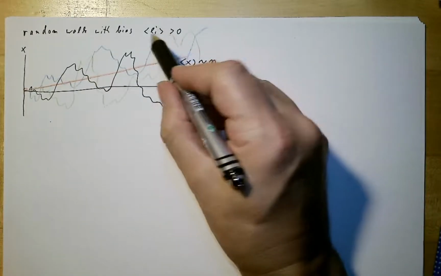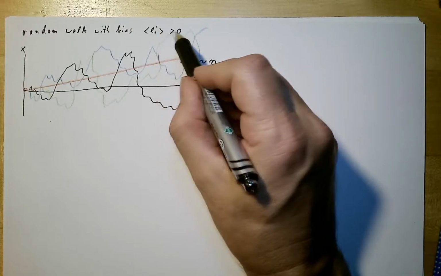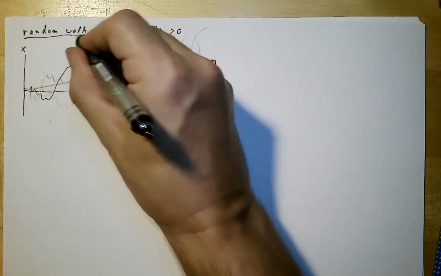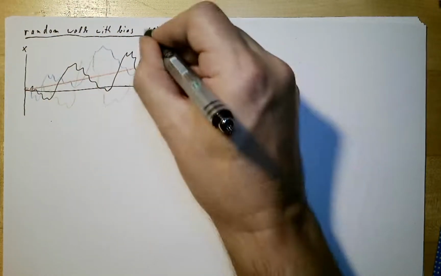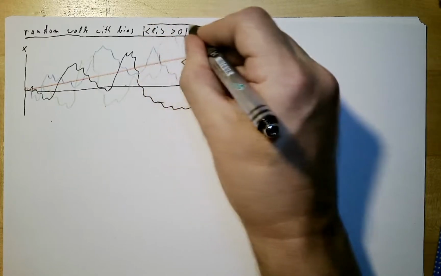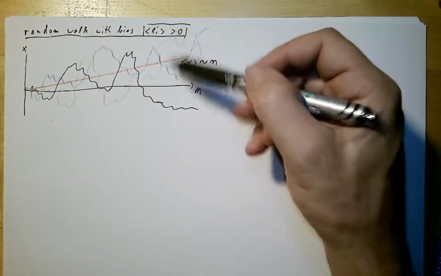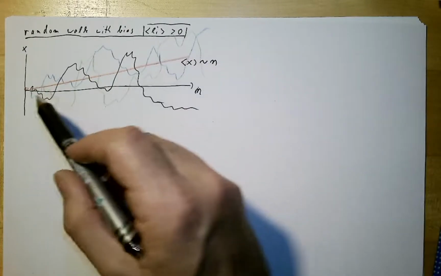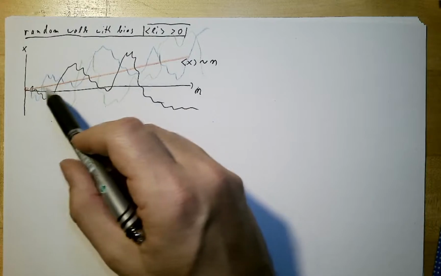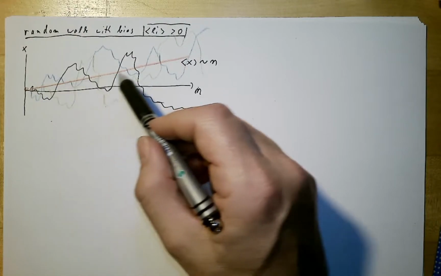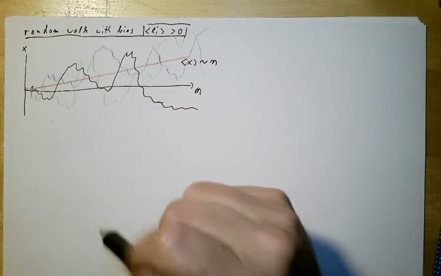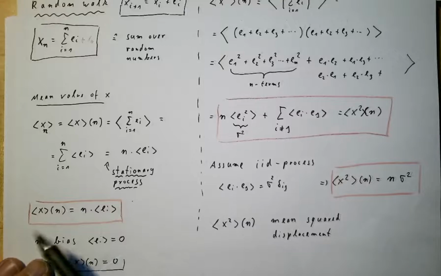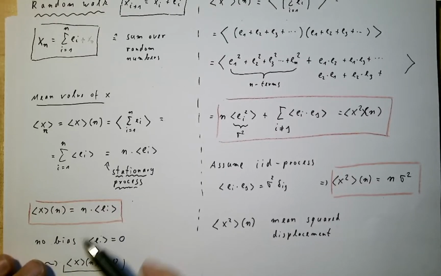But if the increments have a mean value which is not zero, which is biased, and the bias is positive, we have a higher chance that the increment is positive, and then it's clear that the mean position of the walker on average will increase proportionally to time. So this result that we found here follows directly the intuition.